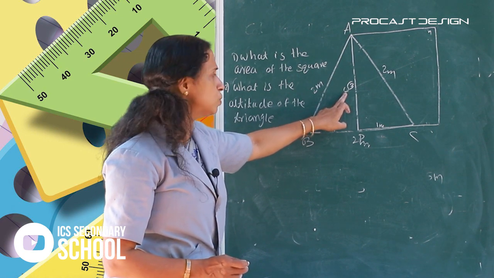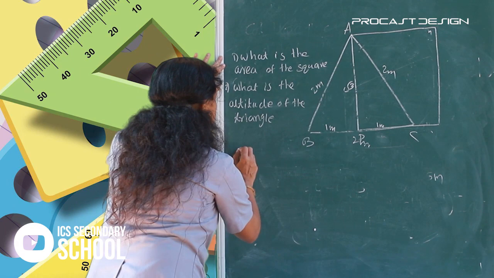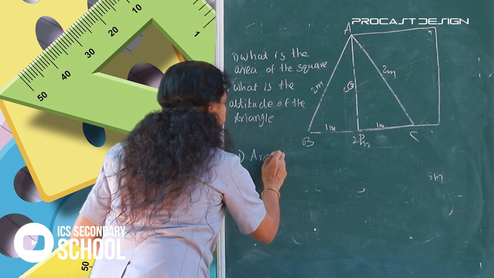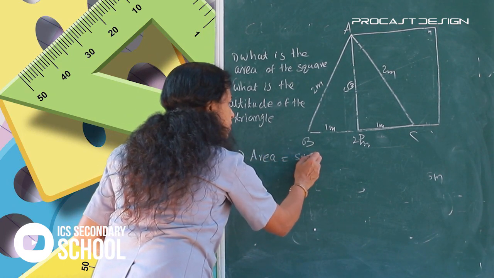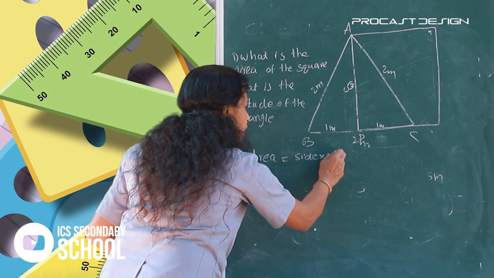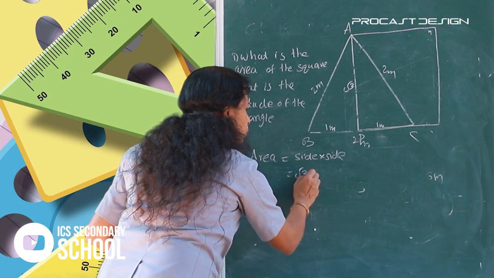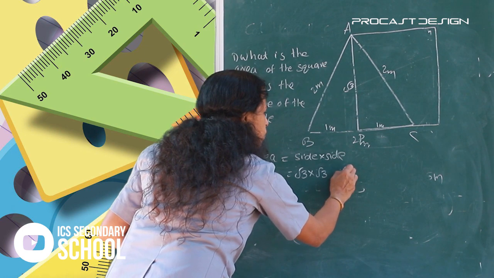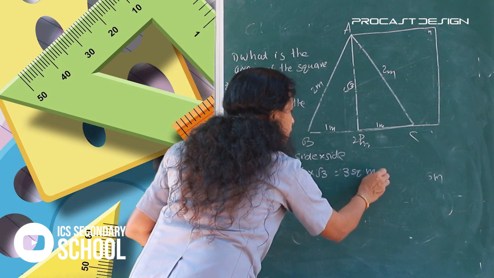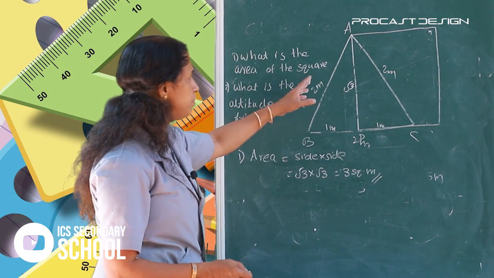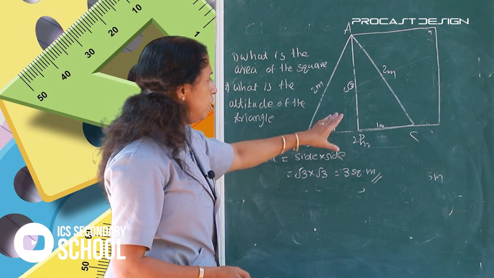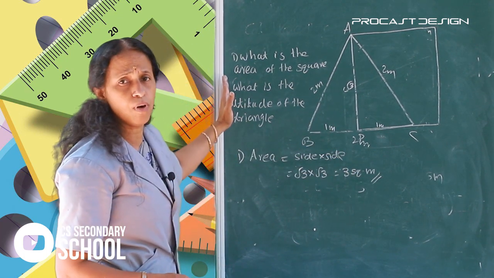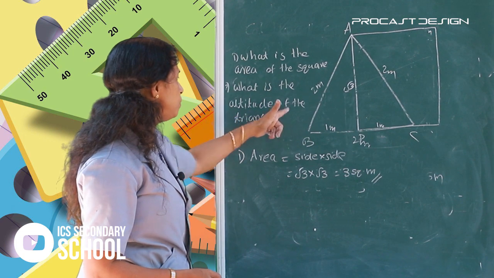What is the area of this square? First answer: the area of this square is side into side, which is root 3 into root 3, equal to 3 square meter. Second question, what is the length of the altitude of the triangle?